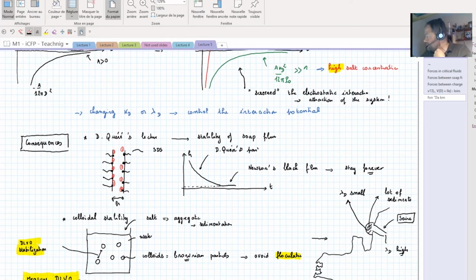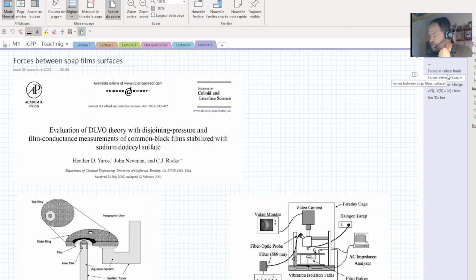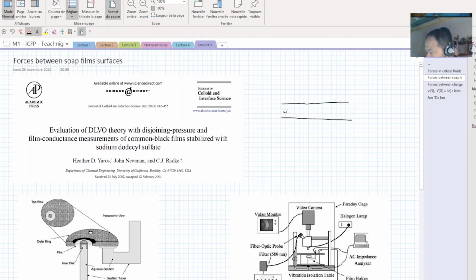Well, I can show you different techniques. So, well, you can measure the DLVO force by using between liquids. So the situation here is we have a liquid, we have air, and we want to measure the force with respect to the distance.